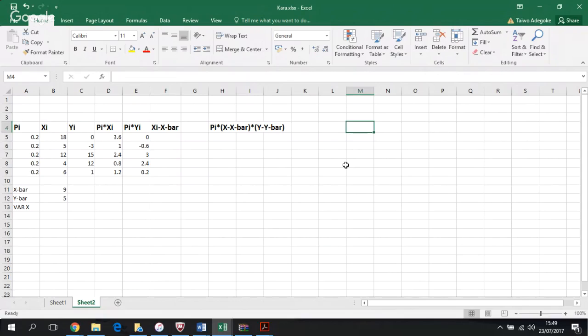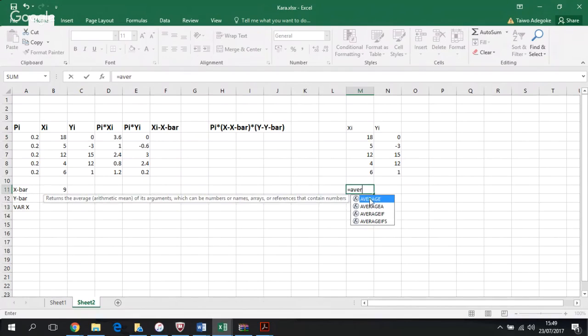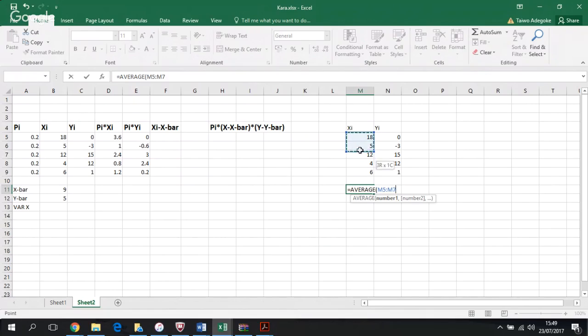If we just had Xi and Yi, let me bring these values. Control C, Control V. If we just had this, you know what to do: the covariance. All you need to do is average this to get the expected value of X. This is EX.